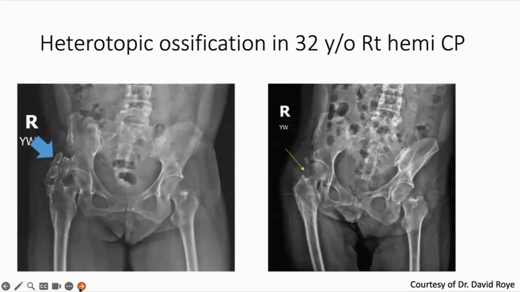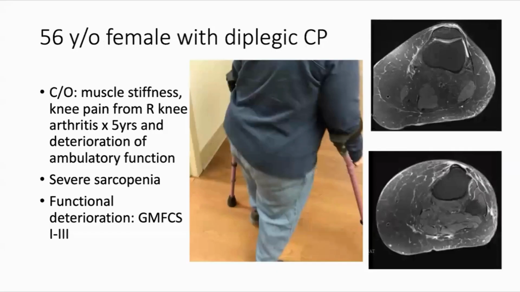When the x-ray was done at 32 years old, you can see on the left side of the x-ray significant heterotopic ossification, which is matured. Dr. Roy brought the patient to surgery, and they resected the bone formation around the joint. After that, she was able to take steps again, which made her functional.